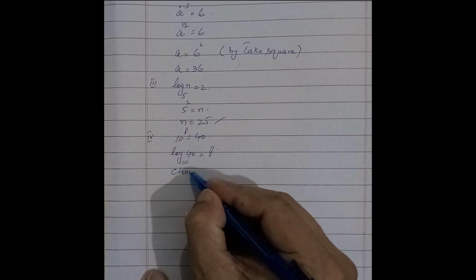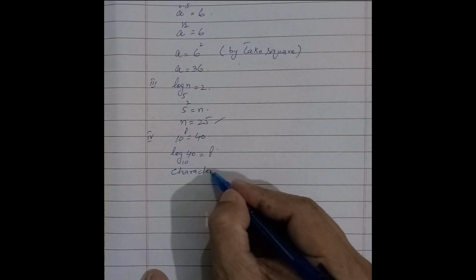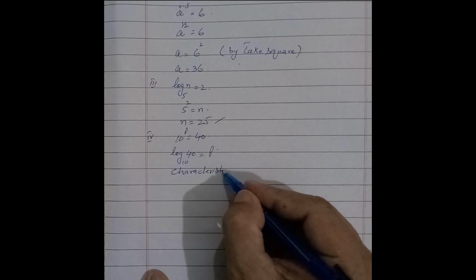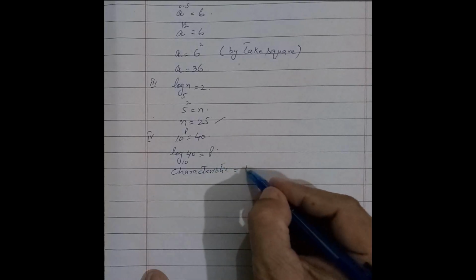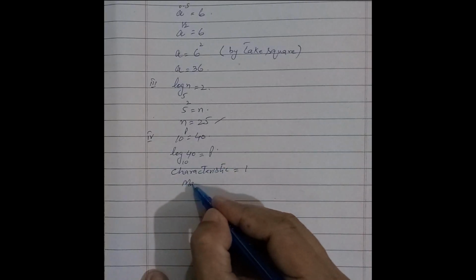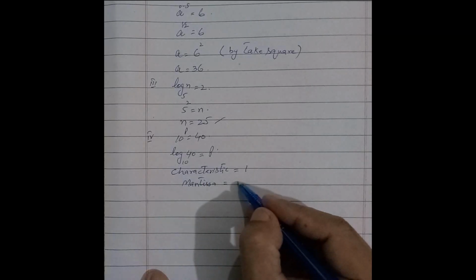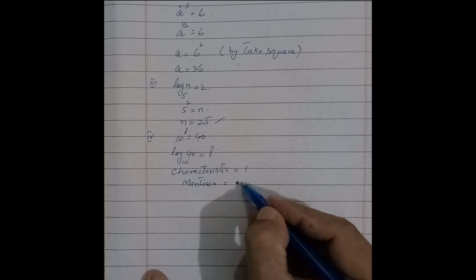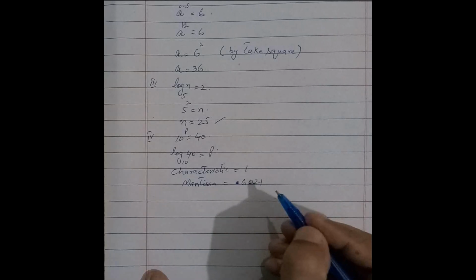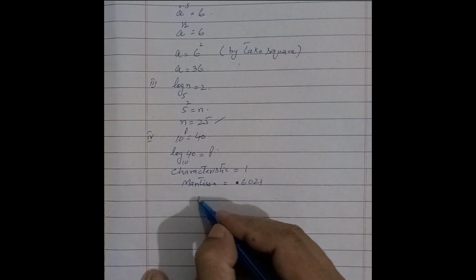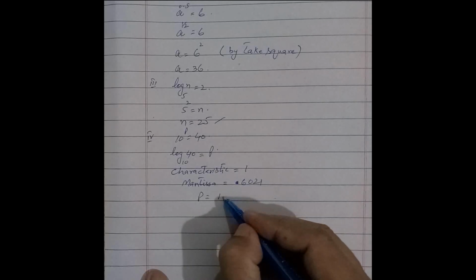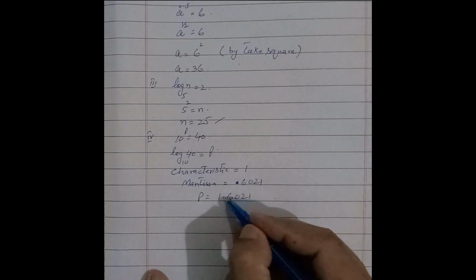The characteristic is 1, the mantissa is 0.6021, so the value of p is equal to 1.6021.